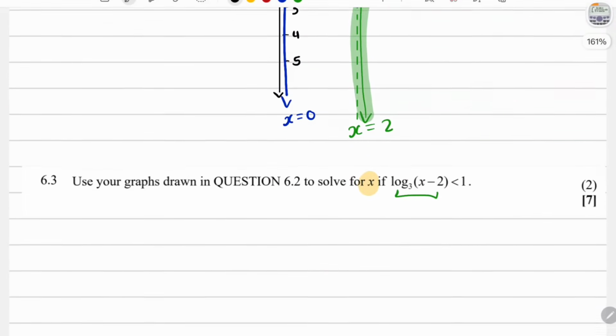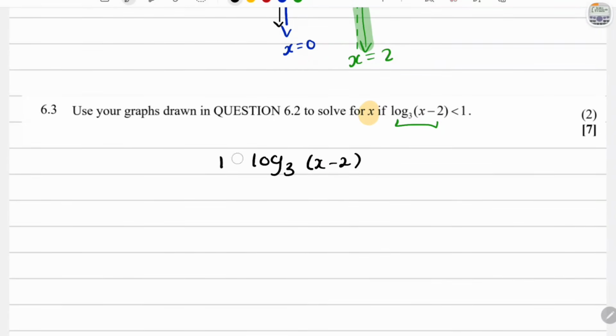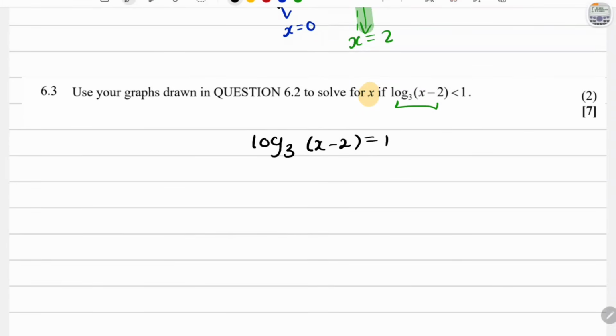Really all we're doing there is saying, where does it have a y value of 1? You're making 1 equal to the function of the green graph, f of x minus 2, which is log with the base of 3 of x minus 2. So we're really just making it equal to 1. You can write it in exponential format to solve for x.